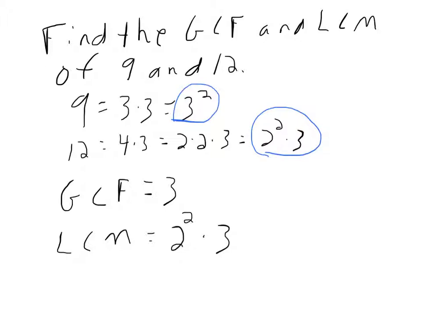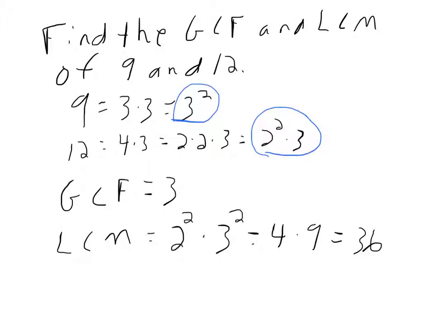If we look at the 3s, we have one 3 here and two 3s here. Which one's the bigger number? The two 3s. And so we want two 3s in our LCM. And so then you just multiply here. 2 squared is 4, 3 squared is 9, 4 times 9 is 36.